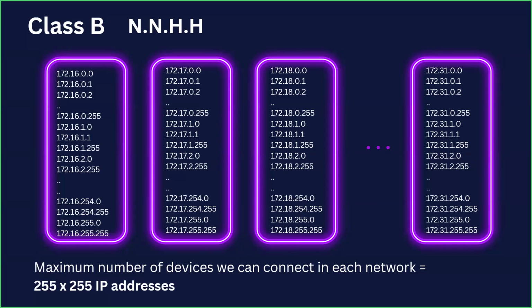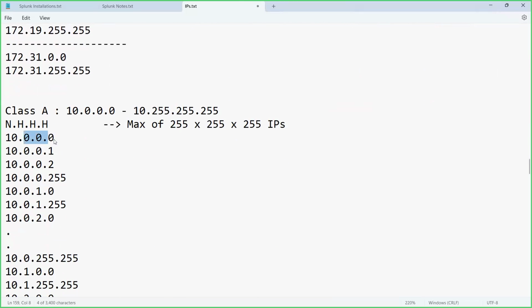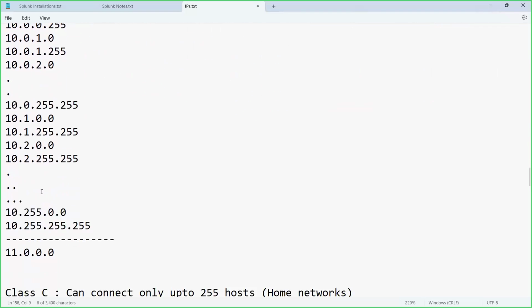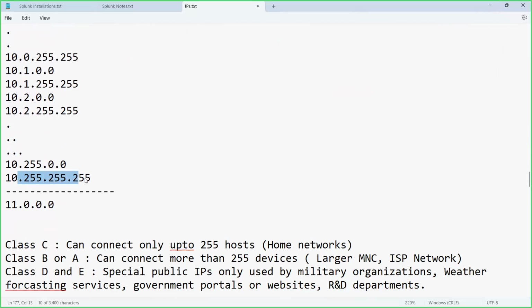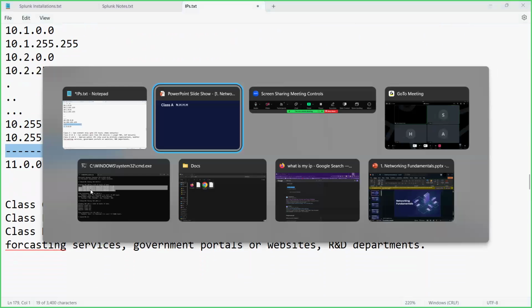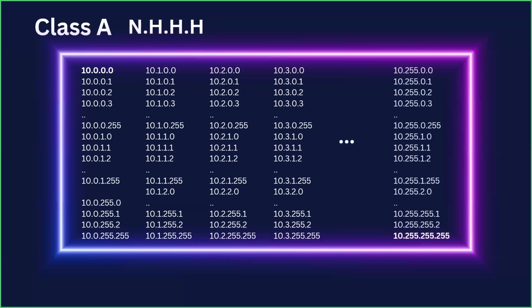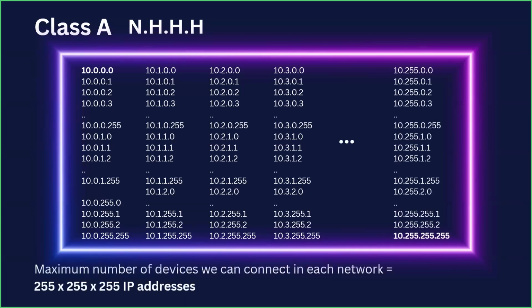Similarly, when you talk about class A, it starts at the first private IP, 10.0.0.0, where we have one network portion and three host portions, all the way up to 10.255.255.255. All of them belong to the same network. And when 10 changes to 11, the network divides there. So in class A, you can connect a maximum of 255 into 255 into 255 IPs, which is much larger compared to class B as well.